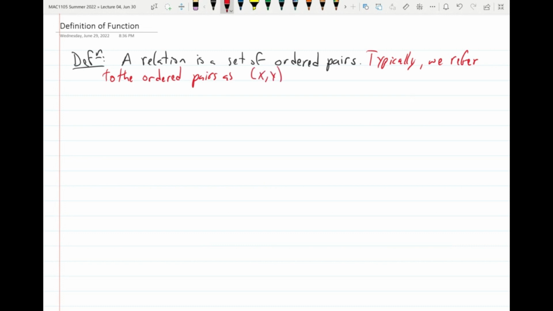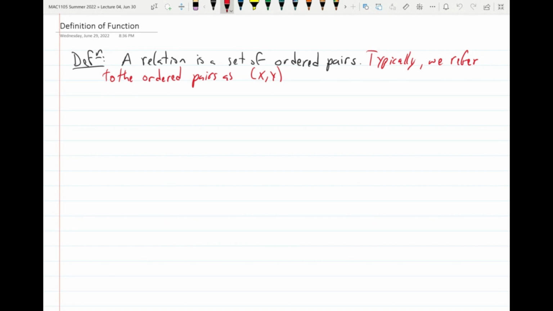The reason I'm writing this is to make it easier to define the next two notions, because given a relation, there are two sets that we can define. One is called the domain, another one is called the range. What's the domain of a relation? You take all the ordered pairs, look at the first element, and collect all of those elements. That's the domain. What's the range? You look at the ordered pairs, look at the second element, and collect all of those elements together. That's the range.